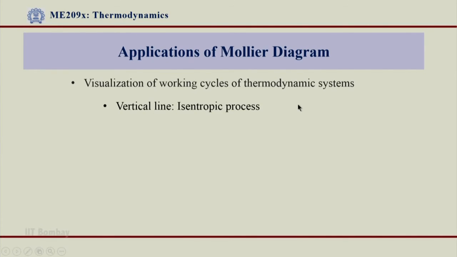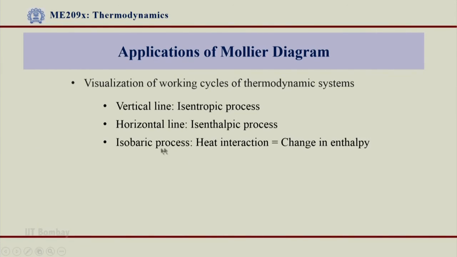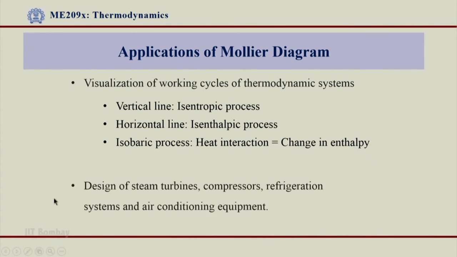The vertical lines are isentropic processes, the horizontal lines are isenthalpic processes, and as soon as you see a cycle which has vertical or horizontal lines, one can always understand the isenthalpic and isentropic processes. For isobaric, constant pressure processes, the heat interaction Q is equal to delta H, and one can use this information for design of steam turbines, compressors, refrigeration systems and air conditioning equipment.